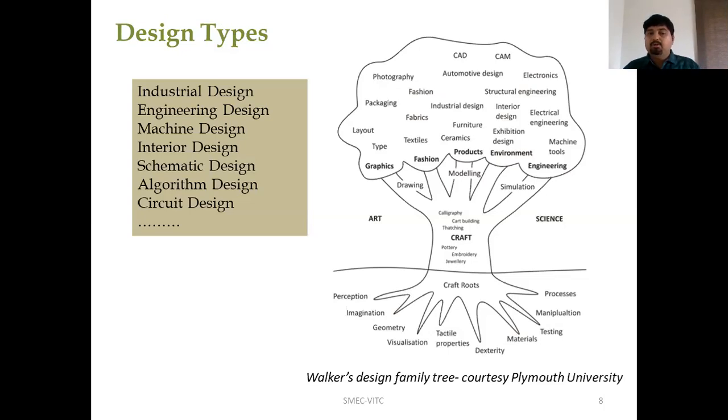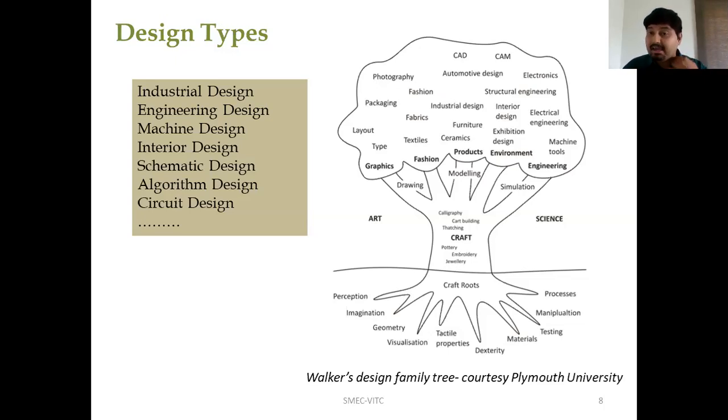You'll be able to see the initial inputs as perceptions, or imagination, or geometry, or visualization, tactile properties, dexterity, materials, testing, manipulations, and process. These are taken as input parameters, and you are able to enter them in the form of the design phase, either through drawing, or modeling, or simulation, or calligraphy, or cart building, or catching, or pottery, or embroidery, or jewelry, which could be considered as crafts and art or science.